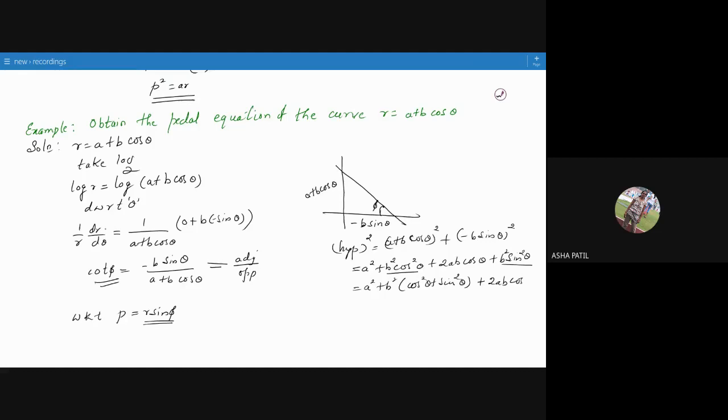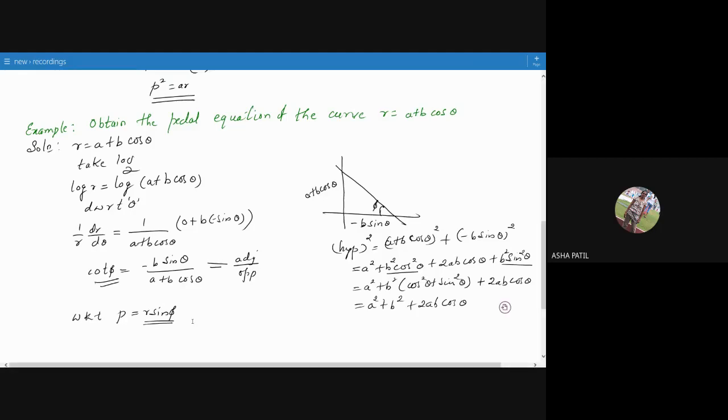The remaining term, 2ab cos theta, is written as it is. Hence, the hypotenuse square is a square plus b square plus 2ab cos theta.